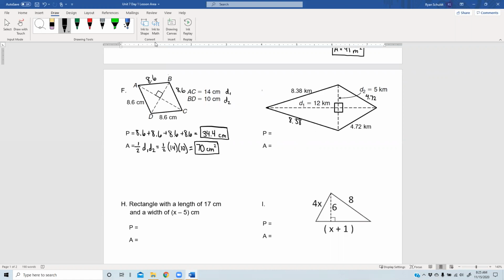So add them up for perimeter. 8.38 plus 4.72 plus 4.72 plus 8.38. Together, that gives us 26.2 kilometers.